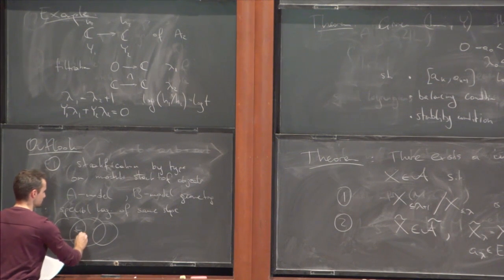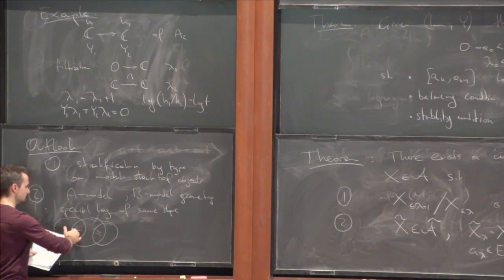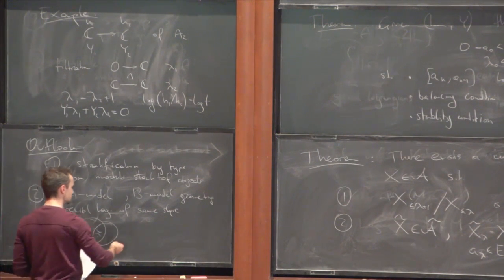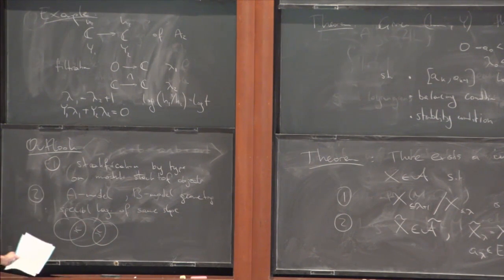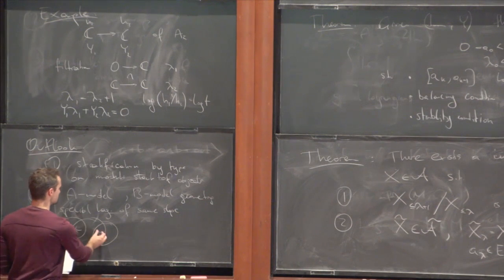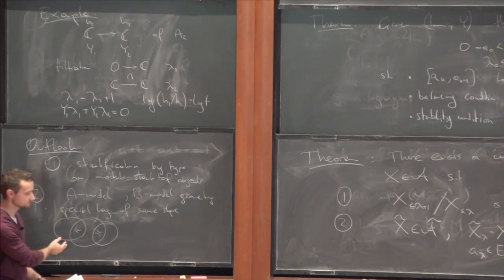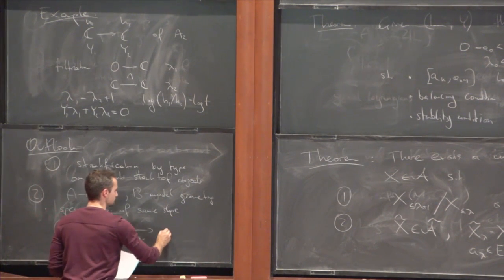I do some surgery, introduce some necks, and make it a Lagrangian, their sum. And the same slope means that if I apply the flow to this configuration, these necks will shrink under the flow and converge back to the union of all these things.